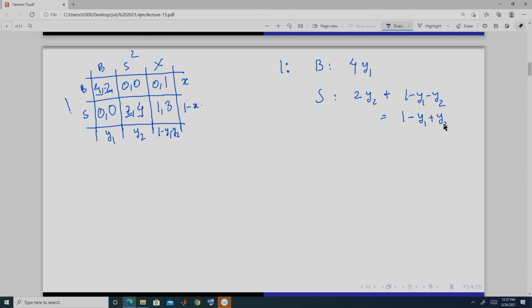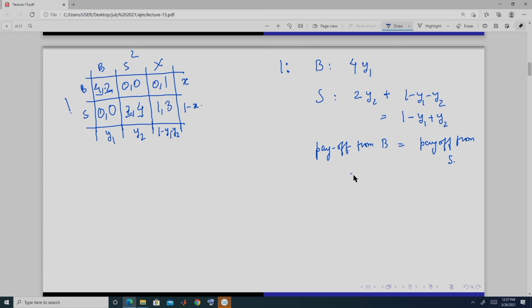Okay. And from here we know when player 1 is going to attach some positive probability x and 1 minus x also taking some positive value, the payoff from B is equal to the payoff from S. Otherwise, if suppose payoff from B is greater than payoff from S, then it is always going to choose B. If payoff from S is greater than B, then it is always going to choose S. So, it will attach some probability only in this situation.